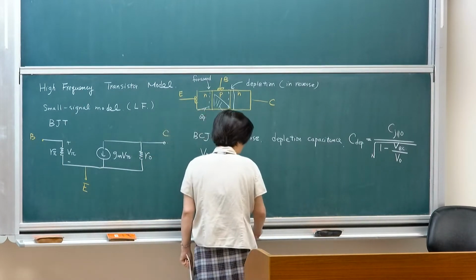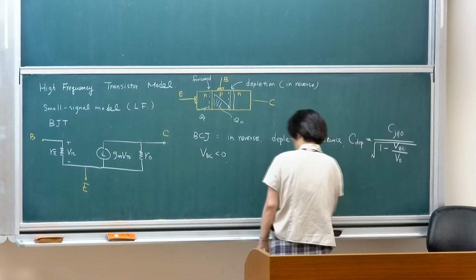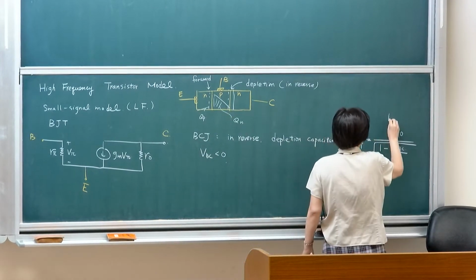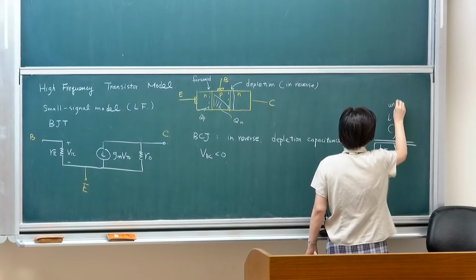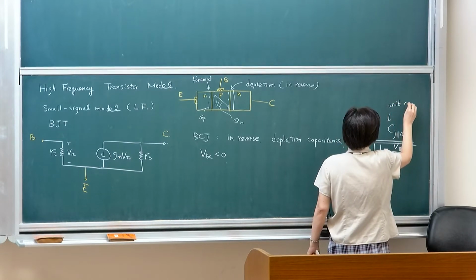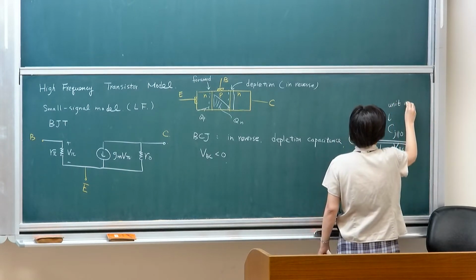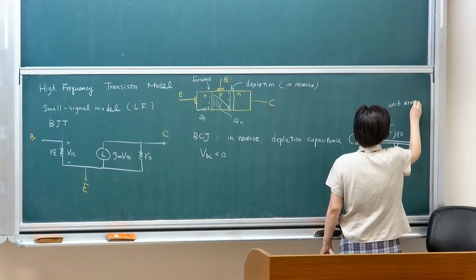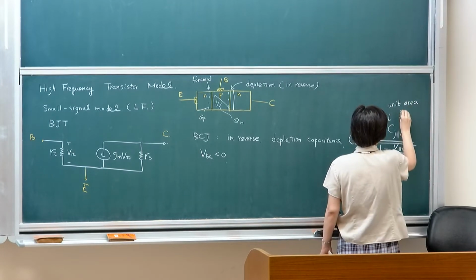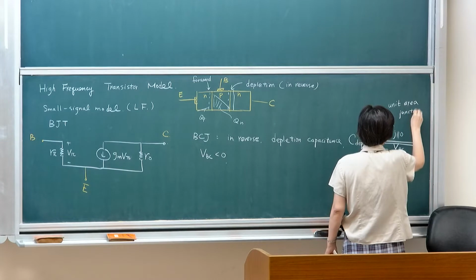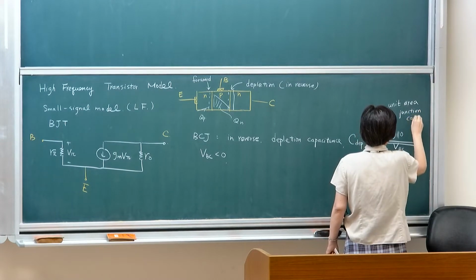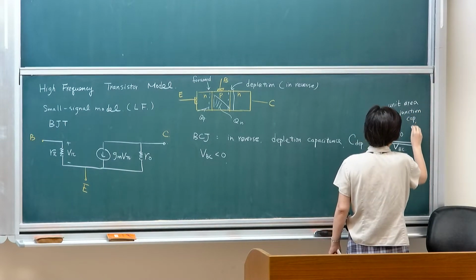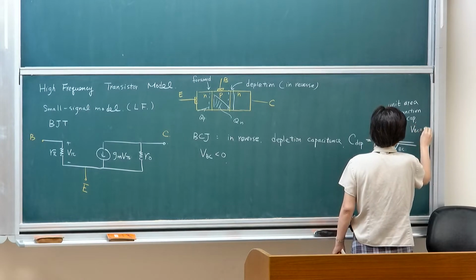It's negative. So your equation based on this is unit area junction capacitance, called the junction capacitance, under 0 bias when VBC equals 0.